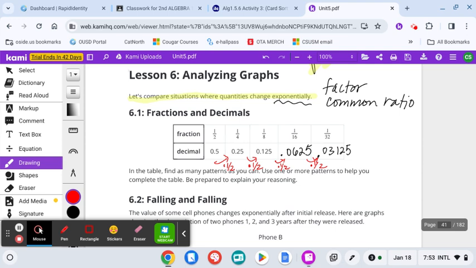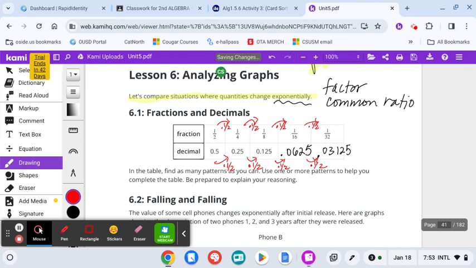Well, if you look at the top row, it's going by the same thing. If I multiply 1/2 times 1/2, I also get 1/4, 1/8, 1/16. So maybe you just continued the pattern and saw that it went to 0.0625 and 0.03125.